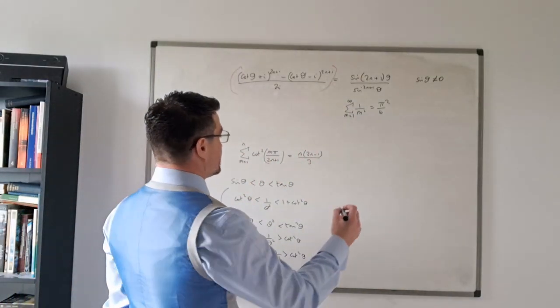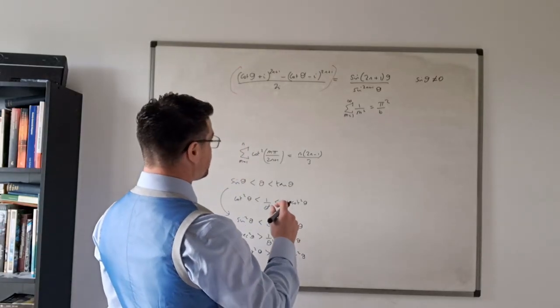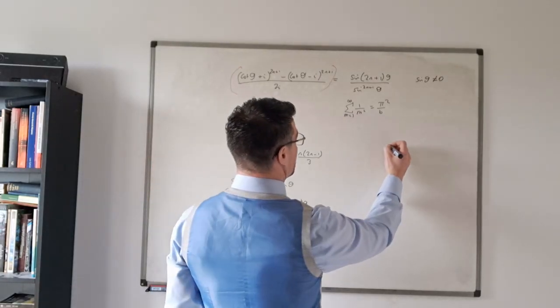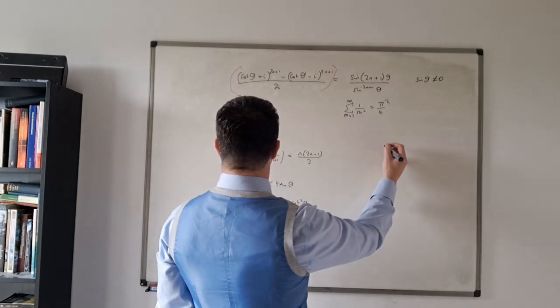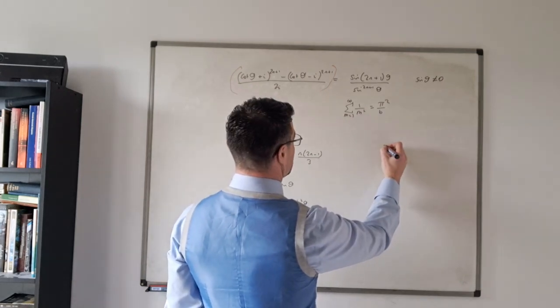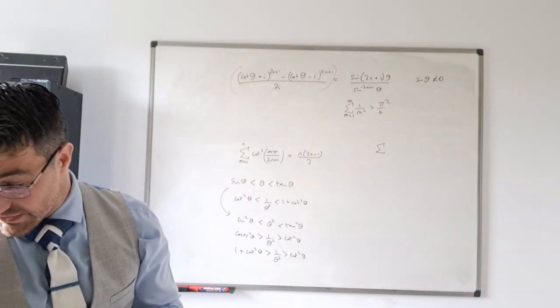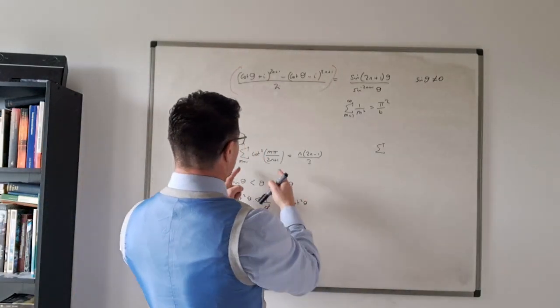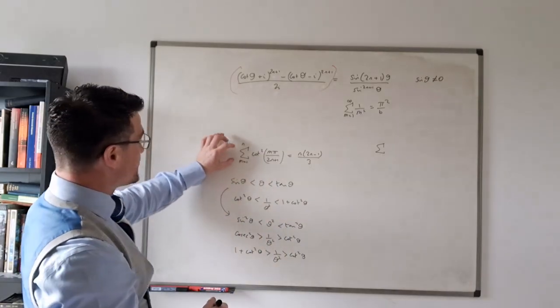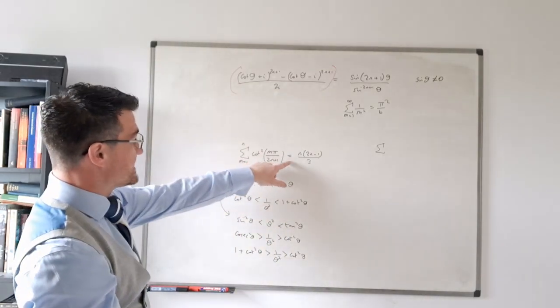Okay, so we've got the sum. I'm going to have to look at my notes. What did I do? Oh yeah. So we know that the sum from m equals 1 to n of cot squared of this thing is equal to this.